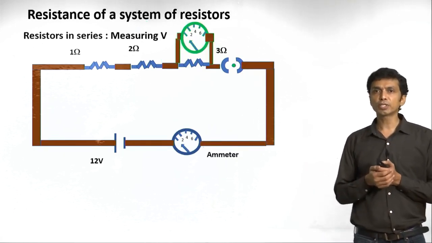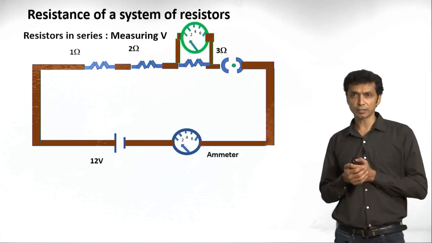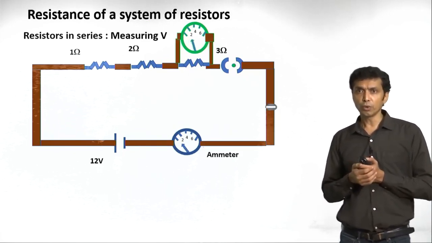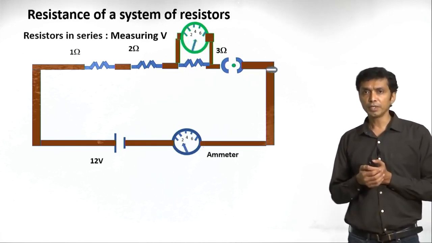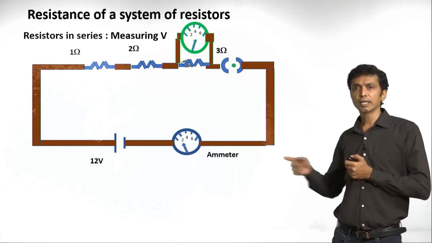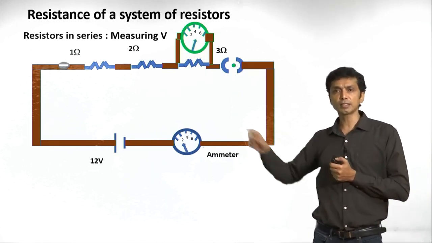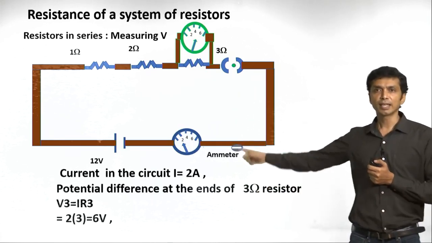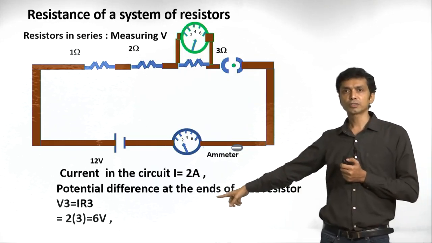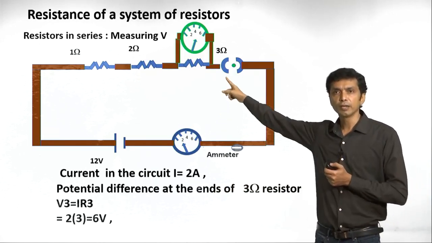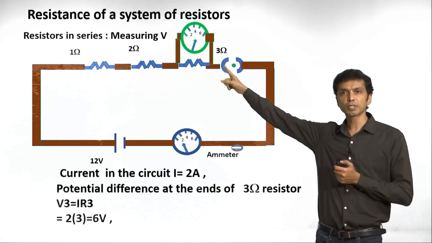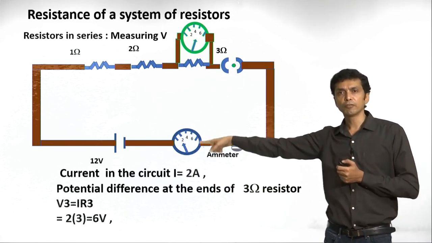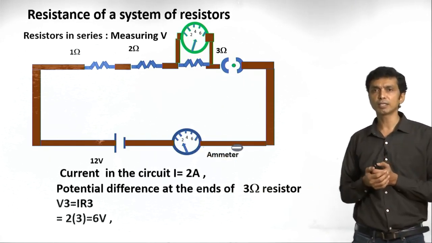Now, we will take the potential difference at the third resistor. Any guesses? We see that current is the same, 2 ampere, and the resistance is 3 ohm. So, the potential difference is how much? It is 6 volts, and we compare with the formula, IR, 6 volts.